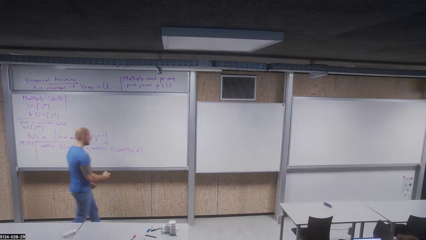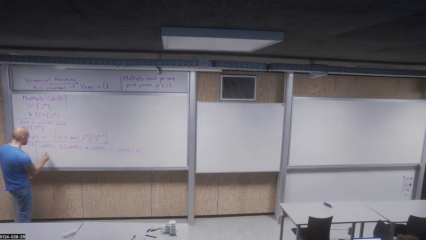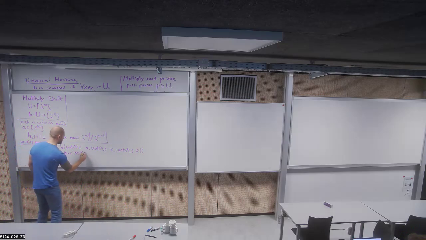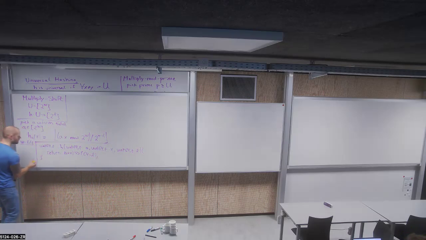What does the code look like? It's super short, and this is actually real, like the only code you would have to write: return (a * x) shifted right by 64 minus l. But that's a full implementation. So you can see this is much more convenient than the other implementation with multiply-mod-prime, where you need to do 6 long multiplications.